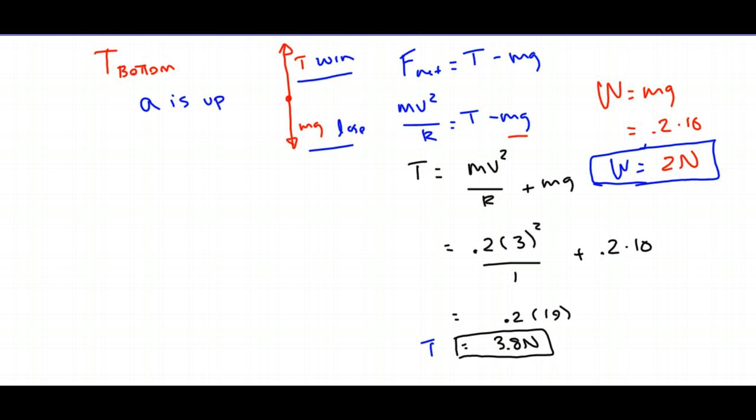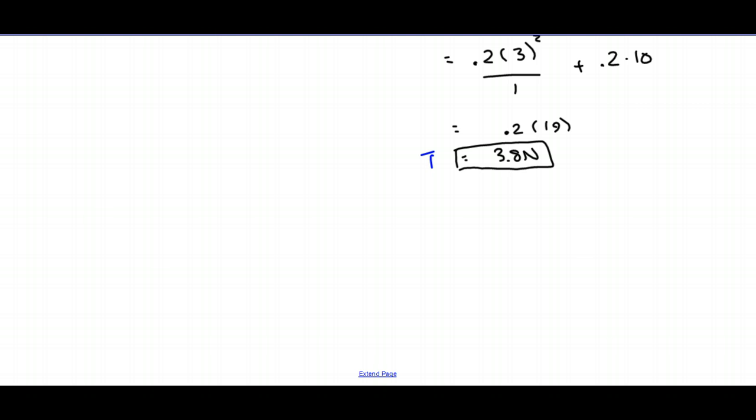Now at the top of the circle, things get a little bit different. So for our tension at the top, our free body diagram looks a little different, because at the top our tension is pulling down and our weight force is pulling down, so mg pulls down as well. So at the top, both of those forces are in the same direction, and they are both inward, and our acceleration is inward again, which at this point means it is down.